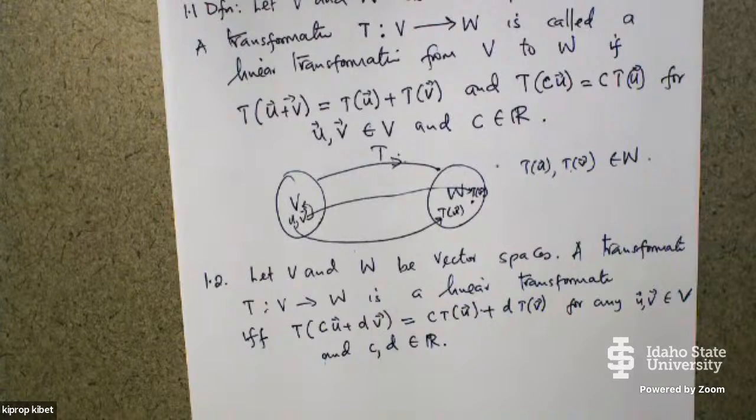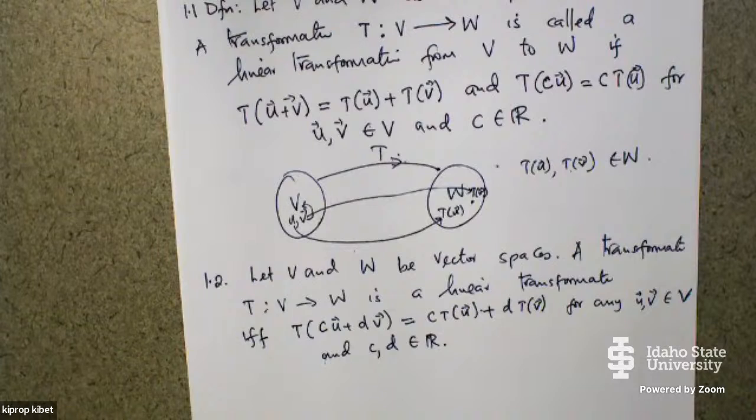So in this case here, instead of doing this, we actually convert. So this is also a linear transformation. If we multiply the scalars by the vectors, then it is the same as CTU plus DTV.